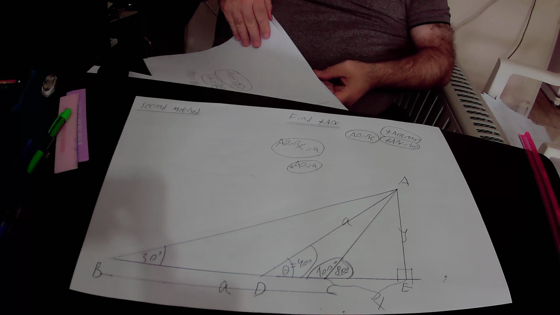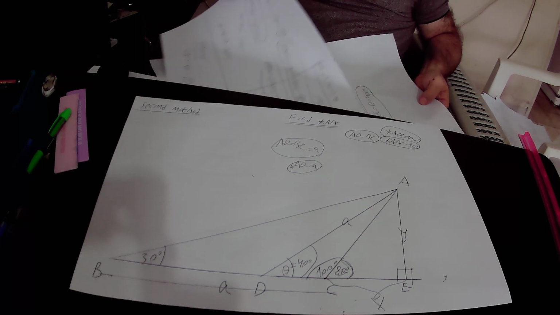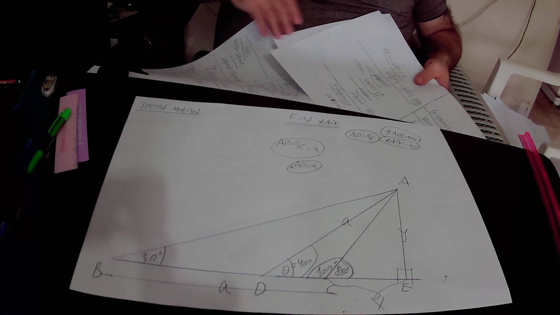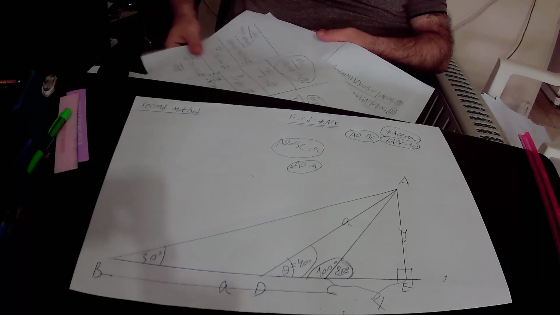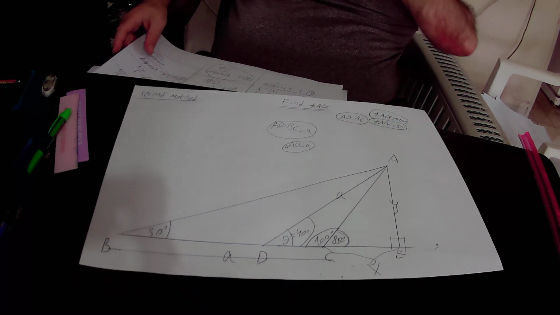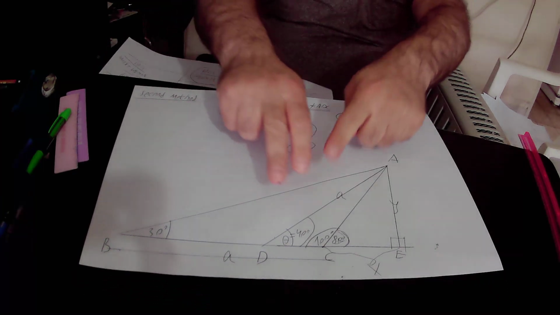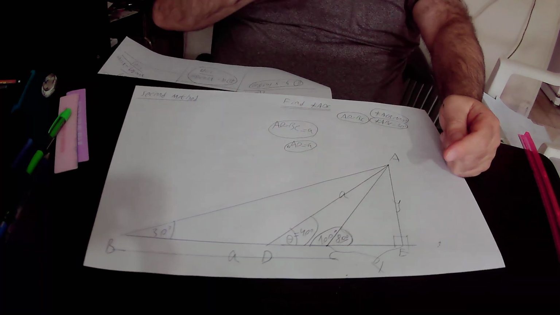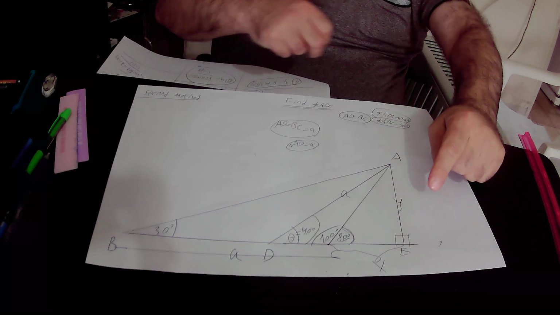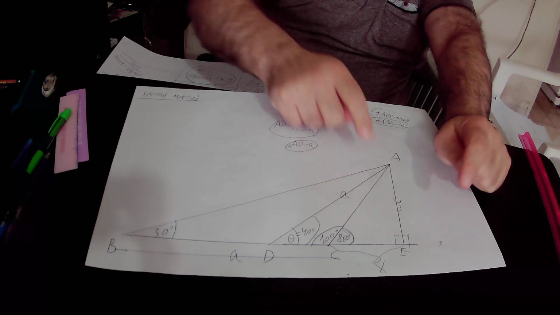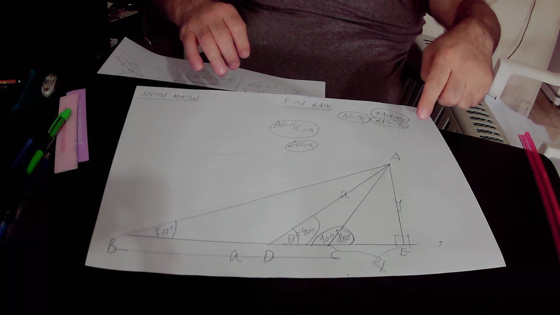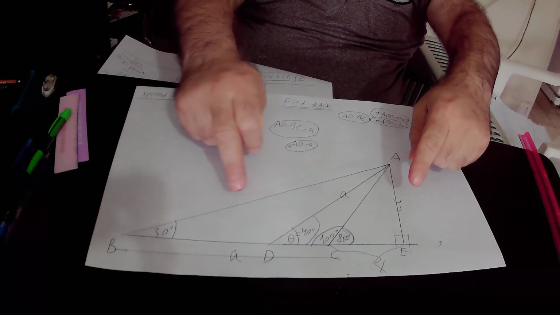We extended the line segment BC by a straight line, and then from point A we drew a perpendicular to the extended BC. So this angle is 90 degrees and this angle is 90 degrees. And we defined the intersection point between the perpendicular from point A and the extended BC as point E.